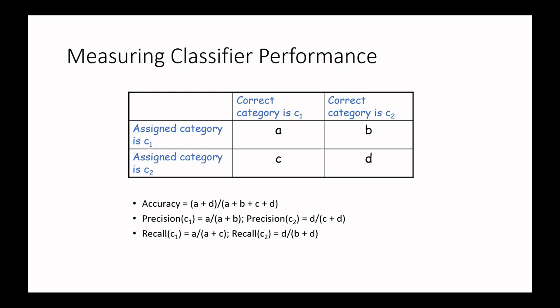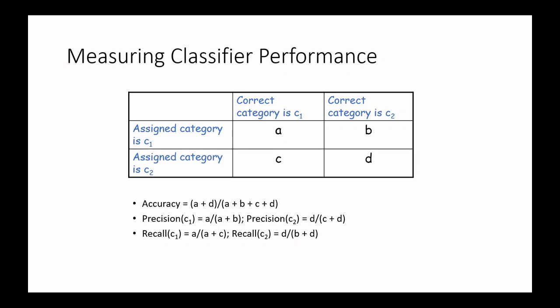So you are looking at the cell marked A. Maybe the correct category is C2, but your classifier says it is class C1. That is what cell B represents, and similarly cells C and D. So with a binary classifier, you have 4 possibilities: the class is 1 and it says class 1, the class is 2 and it says class 2, and the other 2 possibilities are where the class is 1 and it says 2, or vice versa.